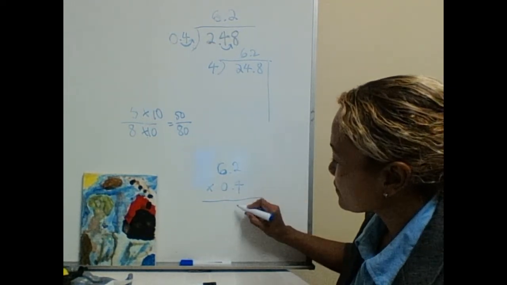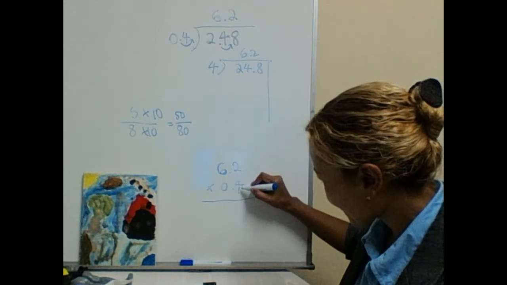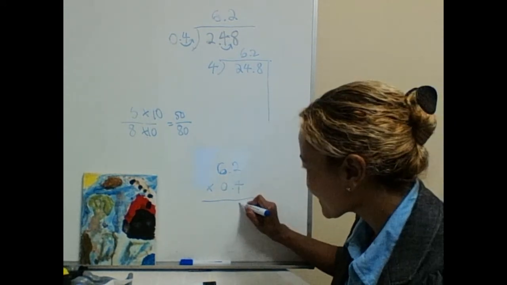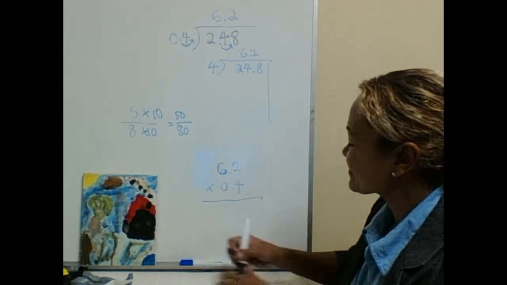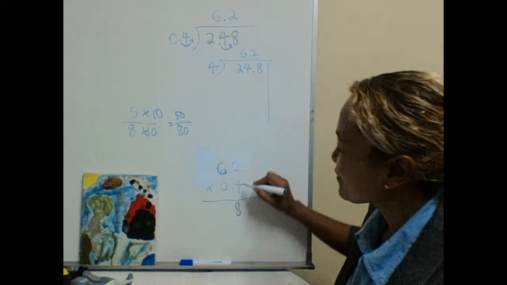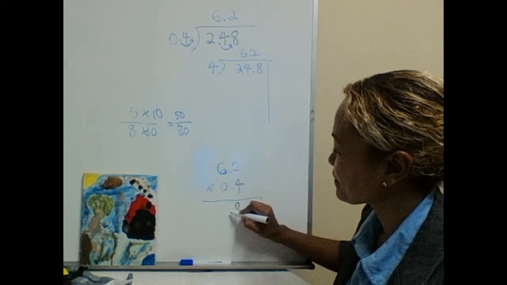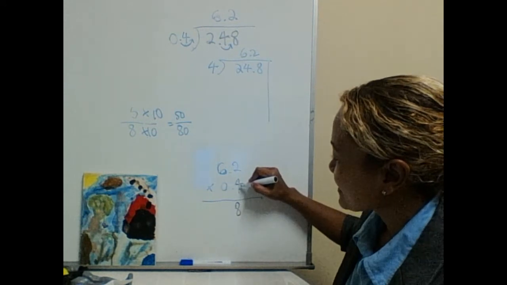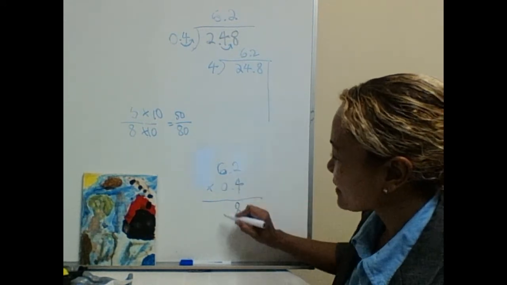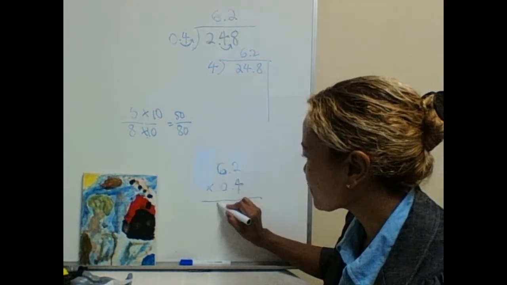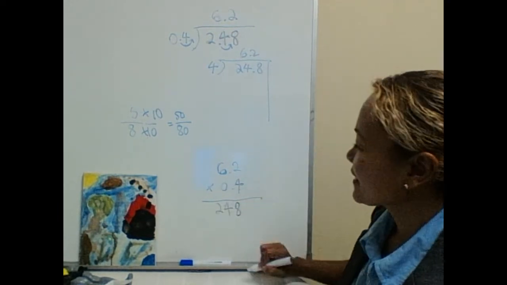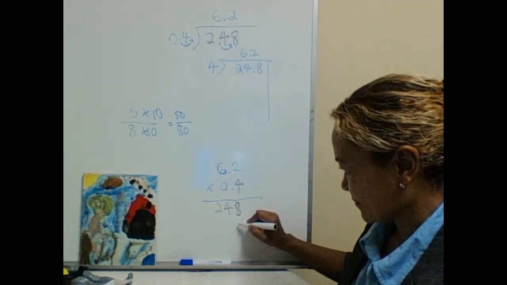4 twos are 8. 4 twos are 8. And 4 sixes are 24. Okay?